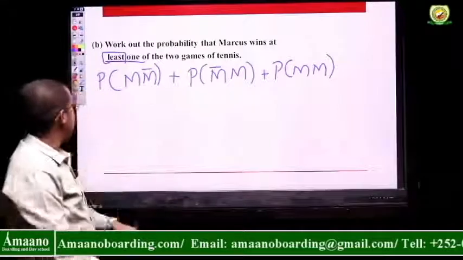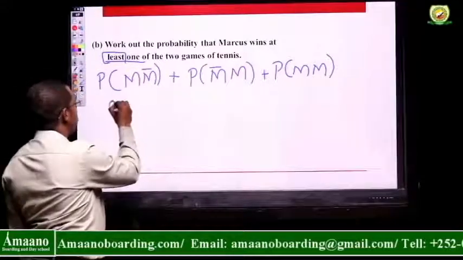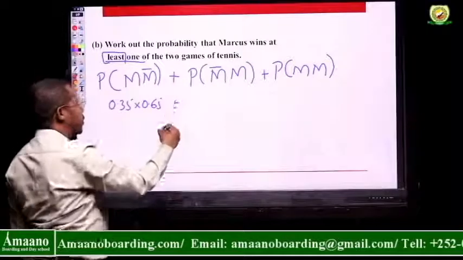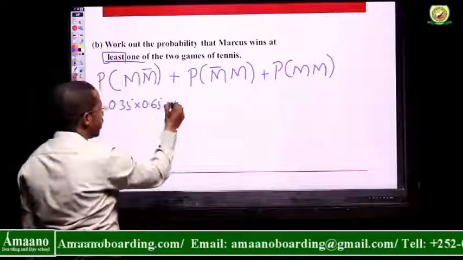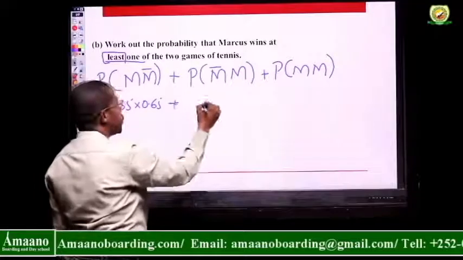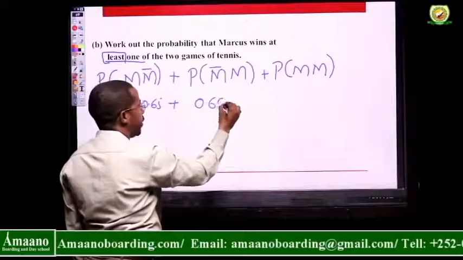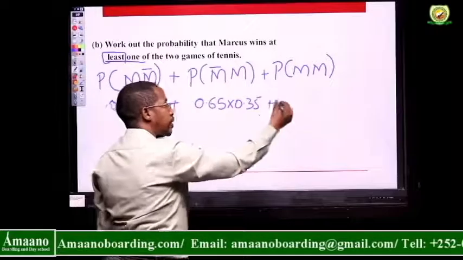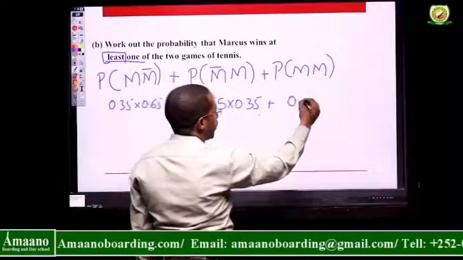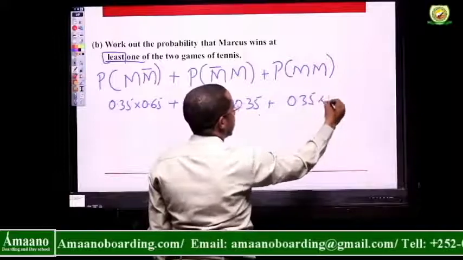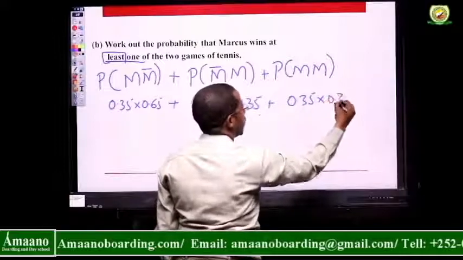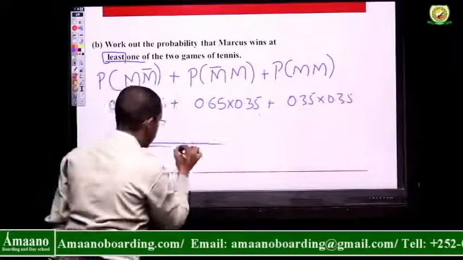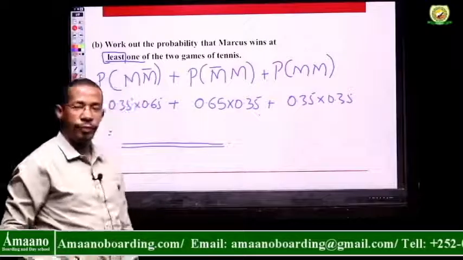Then replace the numbers. I think this is 0.35 times 0.65 from your previous tree diagram. Then this will be 0.65 times 0.35, then 0.35 times 0.35. You work out this and you have your answer.